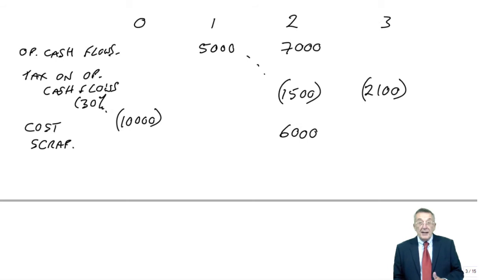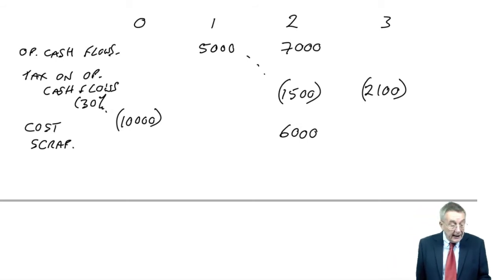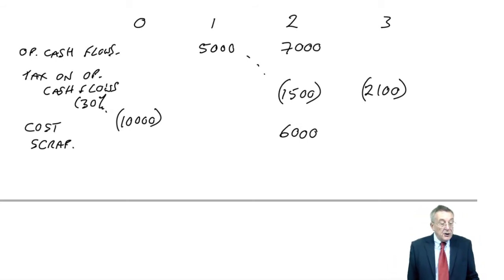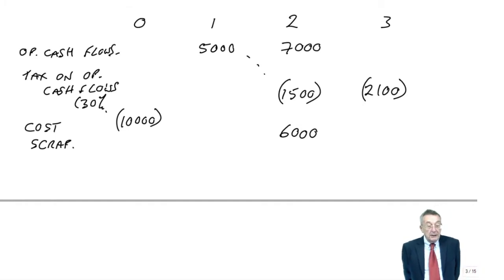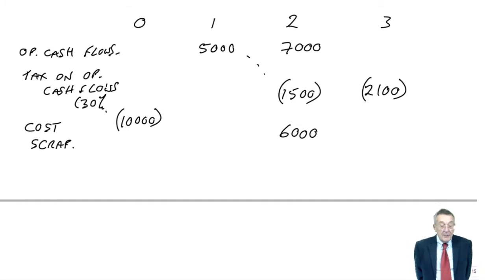However, and here's the bit where we need a bit of workings, it says 2 lines from the bottom, capital allowances are available at 25% on a reducing balance basis. Now again, this isn't a tax exam, so you're not expected to know capital allowance rules.